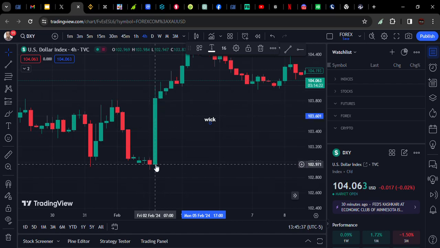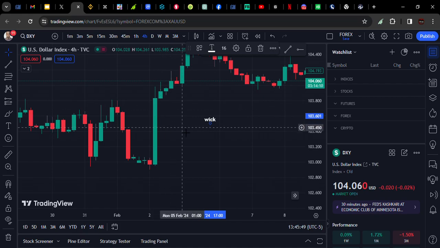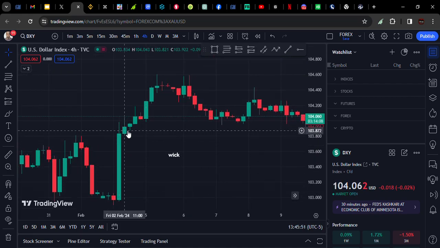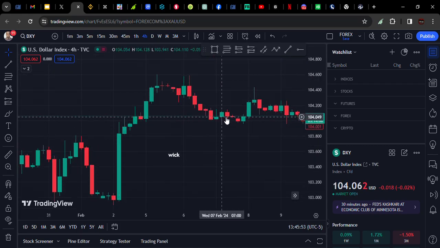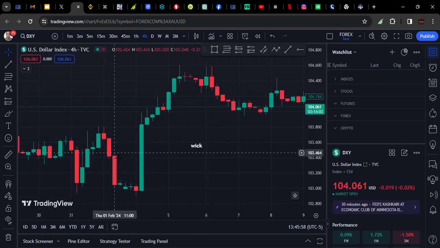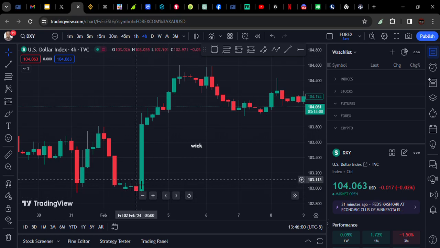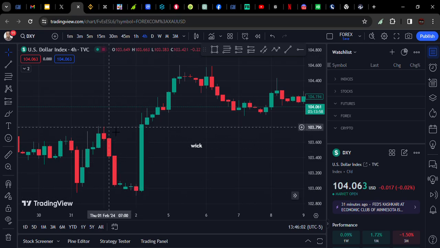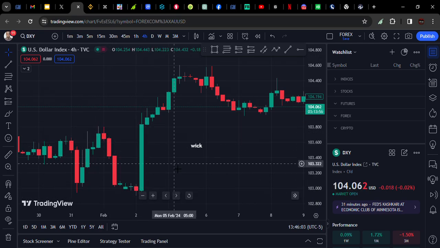That means there was serious buying pressure here. A lot of buyers came in from here and pushed the price of the commodity all the way up here. And as you can see, it started going up from there, up until it started retracing back down. When you see a red candlestick, it means people are selling. Green means people are buying, red means people are selling.